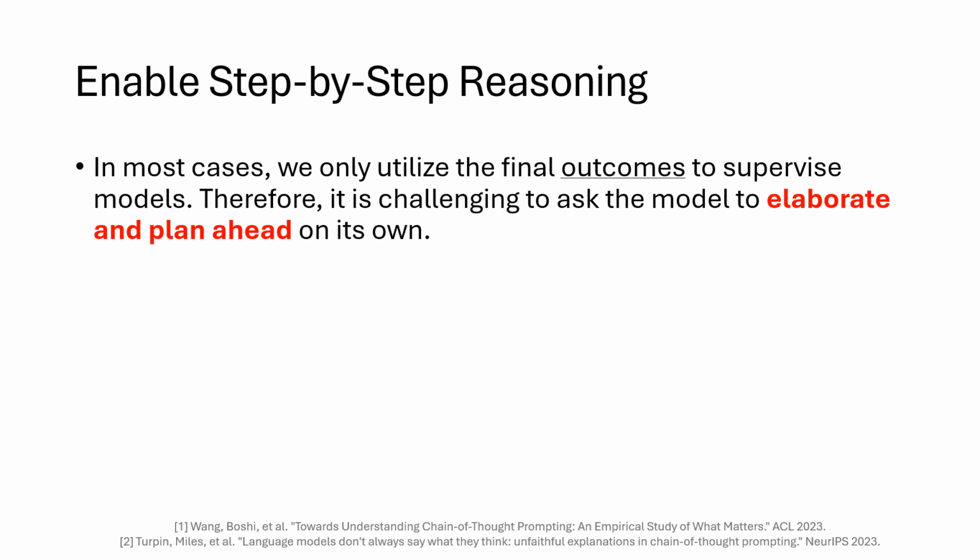So in most examples we have seen so far, we mainly utilize the final outcome to supervise the model, to judge whether the chain of thought is doing great or not. But we very rarely ask whether the generated rationale makes sense, is reasonable, or faithful. And it is very challenging to ask the model to elaborate and plan ahead if we only supervise on the final outcome.